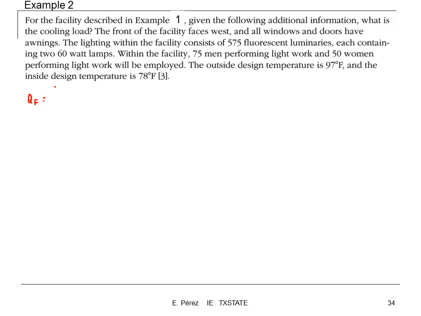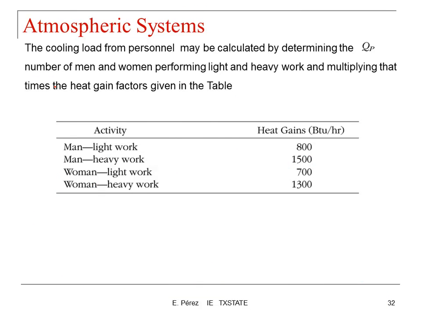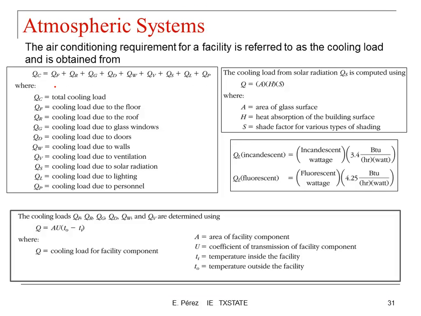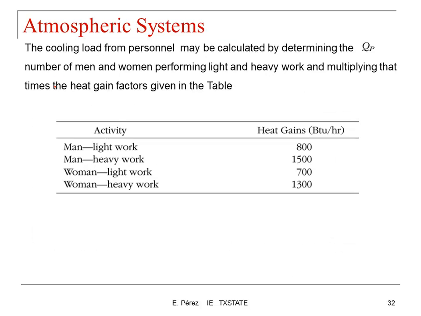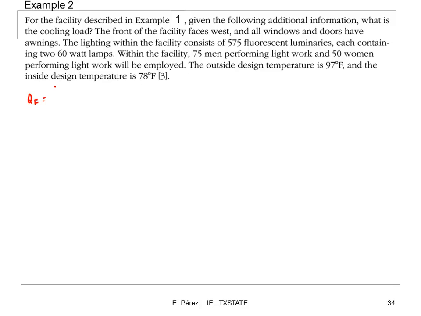And QF is the cooling load due to the floor. So we need the area of the floor, and we computed that one on our first example. So that's 25,000 feet squared.